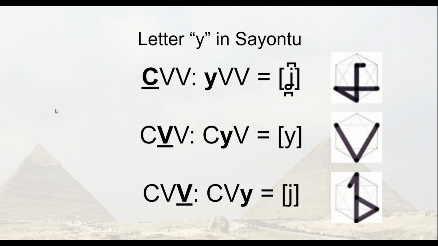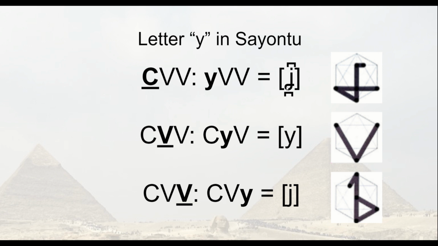Something else I didn't mention that I think is important is the presence of the letter Y in Sayontu, how Matthias transcribes the language into our Roman alphabet. So if you see the letter Y at the beginning of a syllable, where it's a consonant, it's pronounced j.